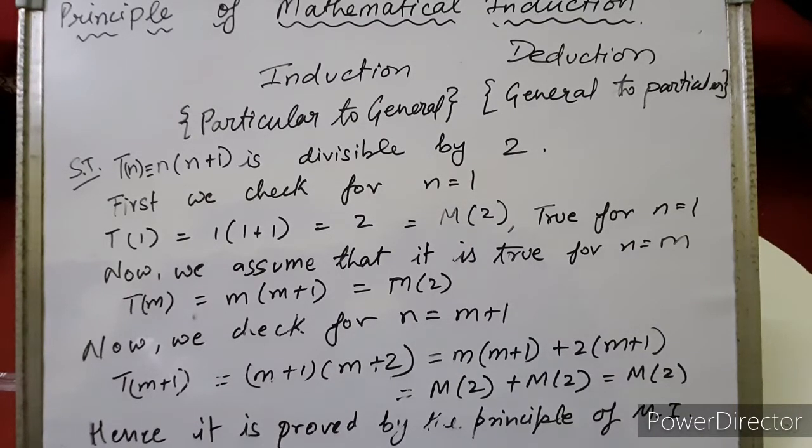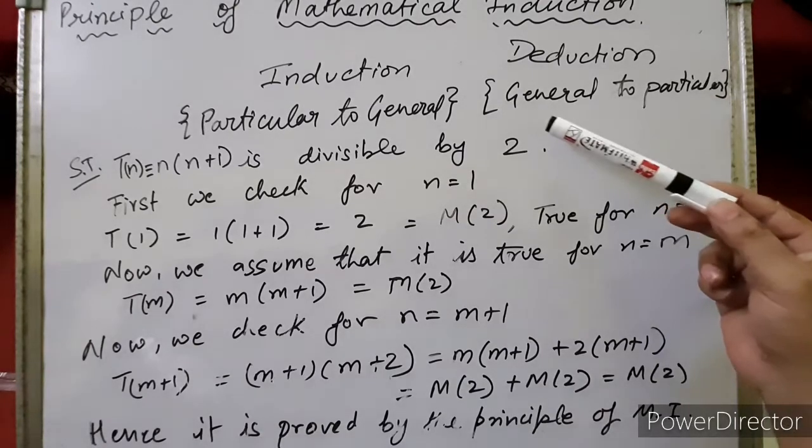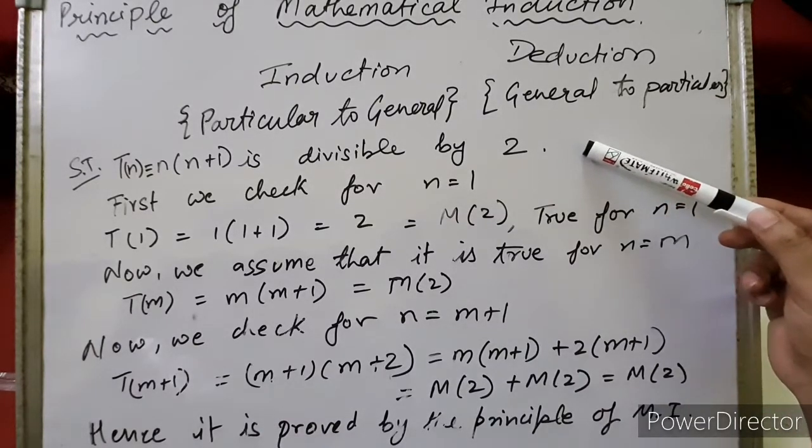Right, children? So let's start with a sum in which we see how we prove a mathematical statement, whether it is true or not, by using the process of mathematical induction. Suppose a statement is written as n plus 1 is divisible by 2.